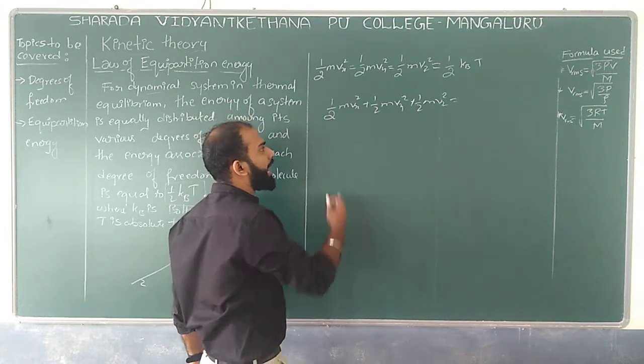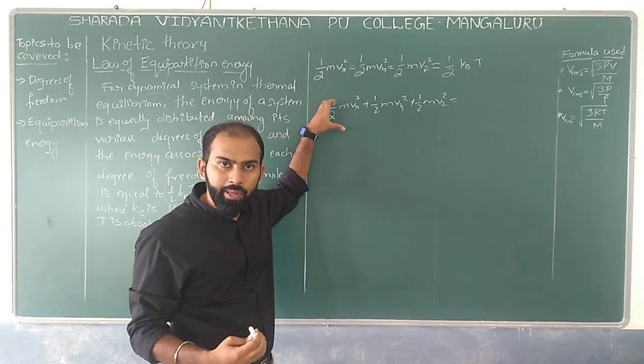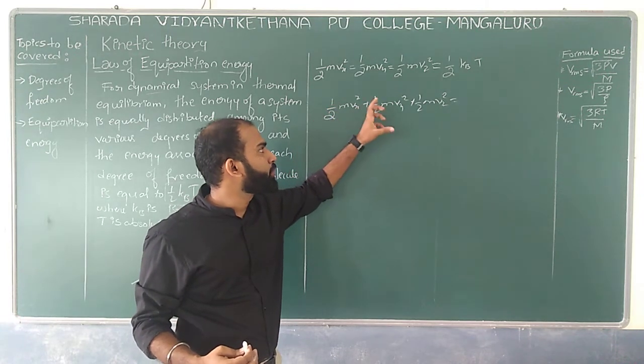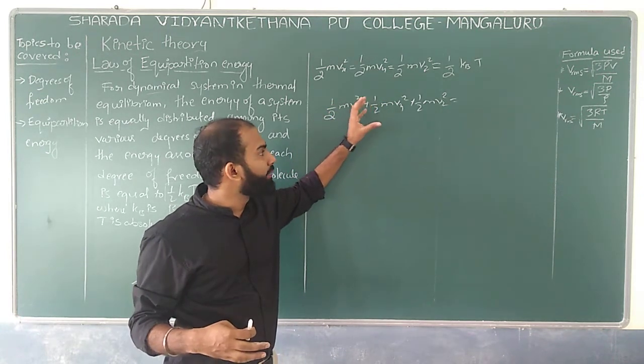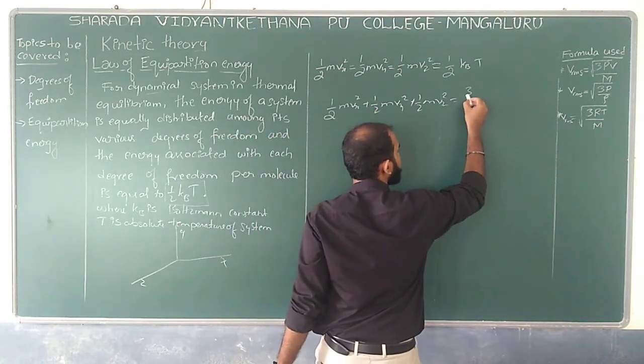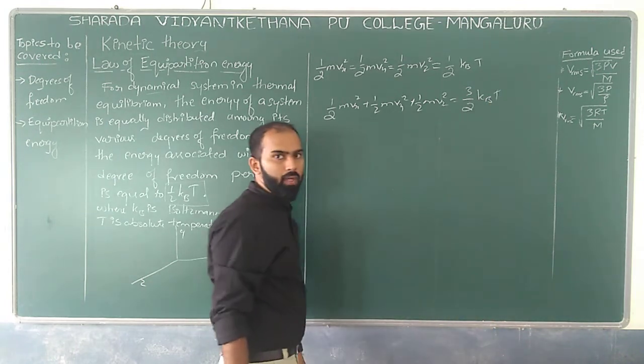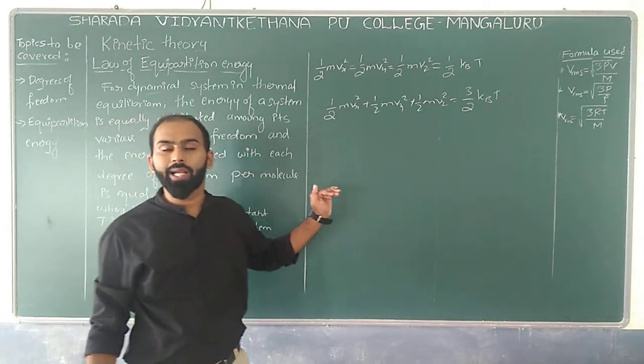If half mvx square equals half kBT, and half mvy square and half mvz square are each equal to half kBT, I can write 3 by 2 kBT. Correct? So this is what exactly we can expect.